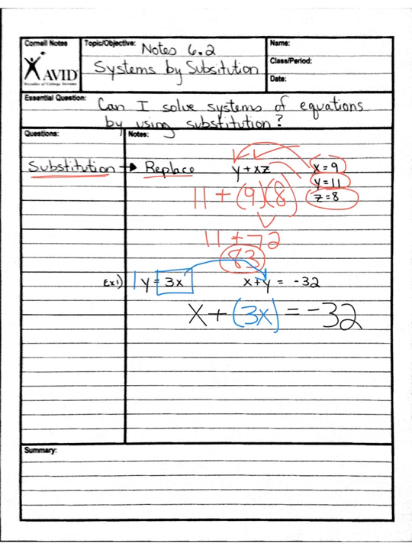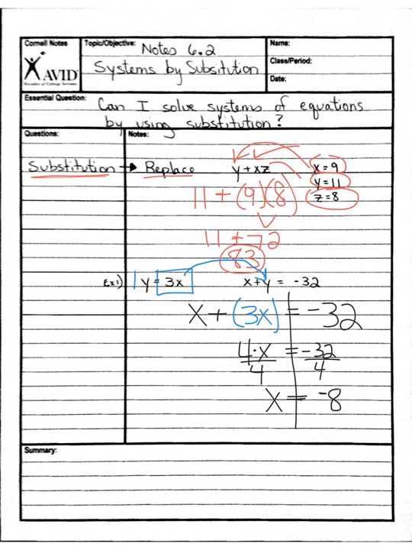So now it just becomes a problem that we need to solve. 1x plus 3x's is 4x, which equals a negative 32. And 4 times x, the inverse is divide. So we're going to divide both sides, and our value for x is negative 8.